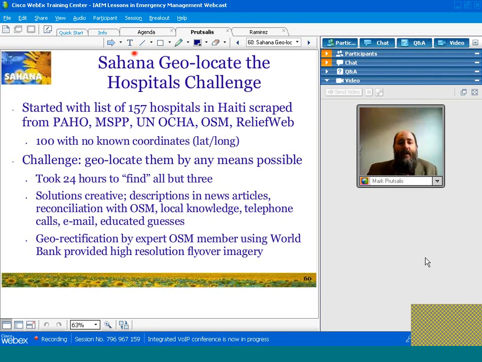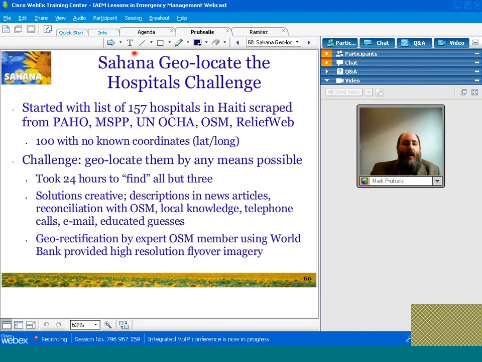There were people with local knowledge, having visited or worked in Port-au-Prince, who were able to look at the map and identify where it was. Other people actually picked up the phone and called someone, did email, or just made an educated guess. Some of the hospitals were located in small villages, so they just gave us a pinpoint of where the village was.